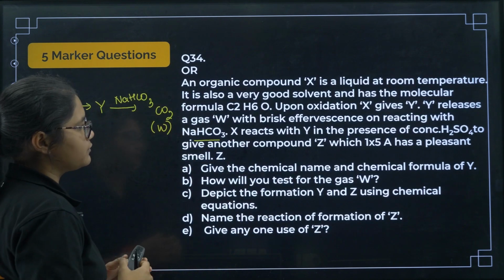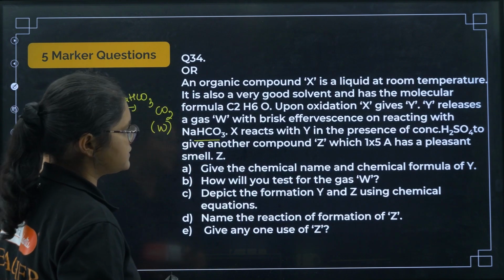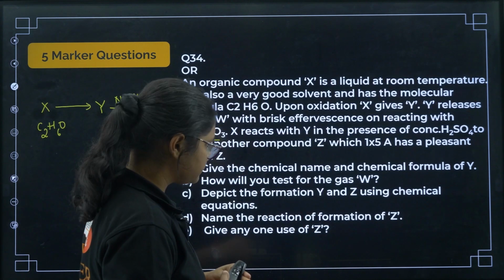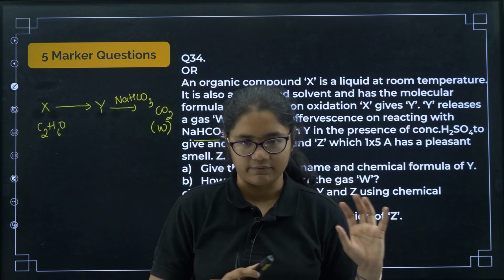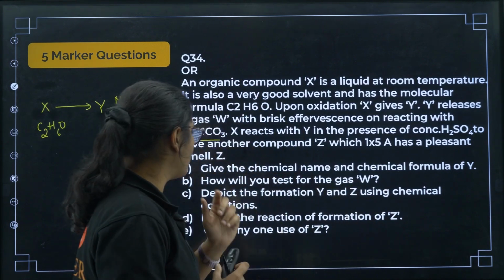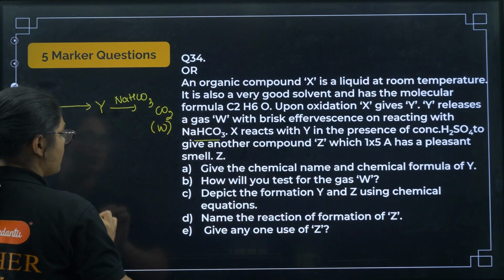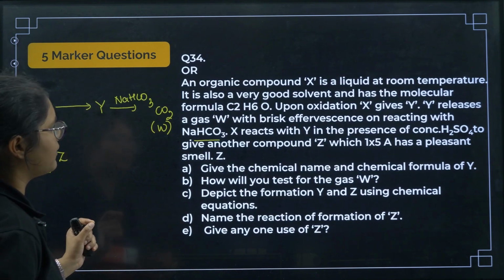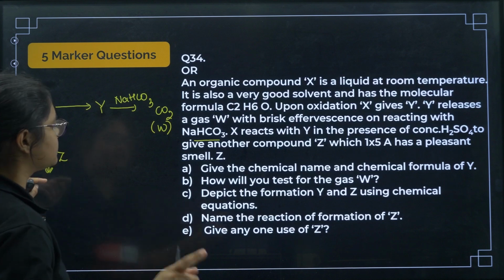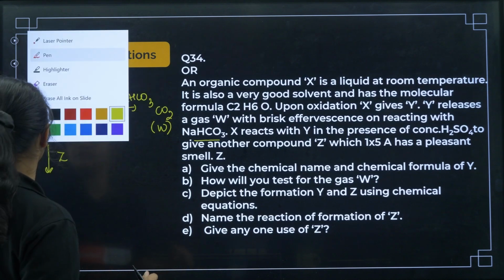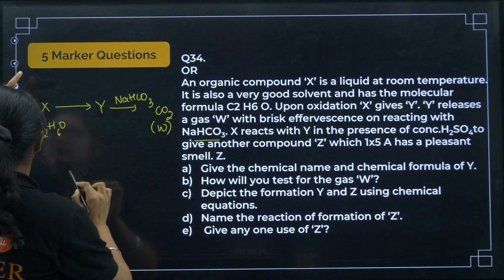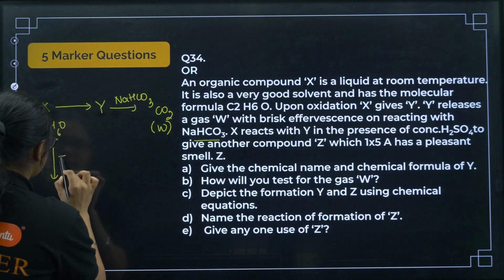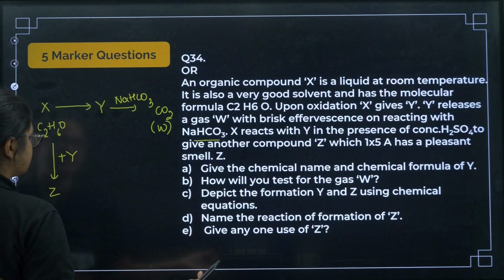Now X reacts with Y in the presence of concentrated sulfuric acid to give another compound Z, which has a pleasant smell. So we have X reacts with Y to give you Z, which has a pleasant smell.